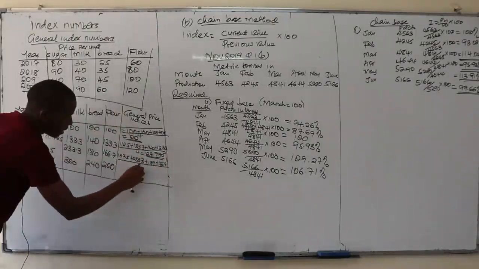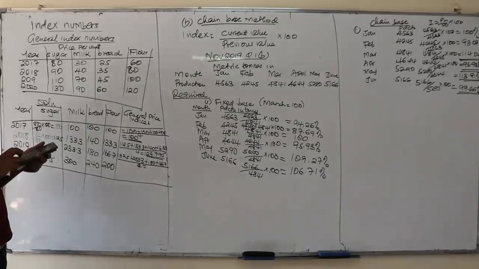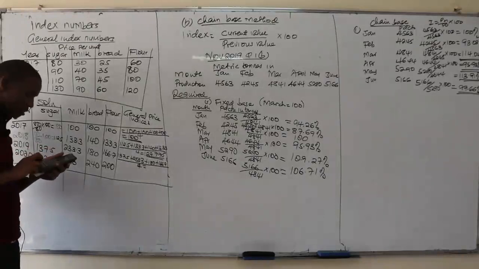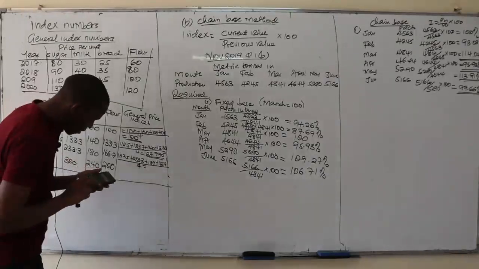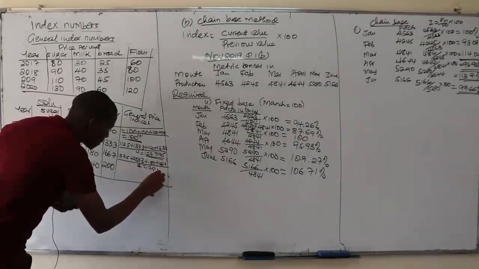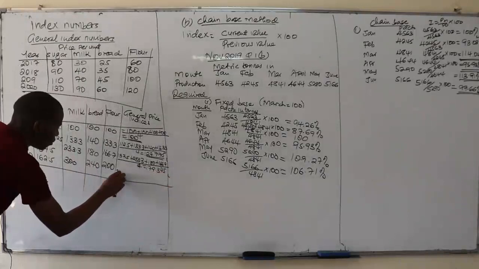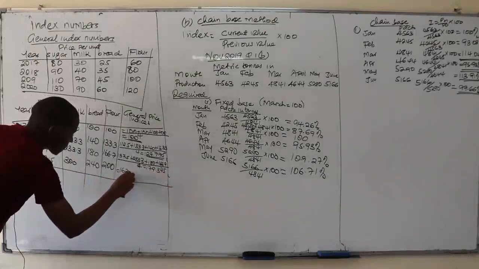which in that case gives you 179.375. The last one will be 162.5.